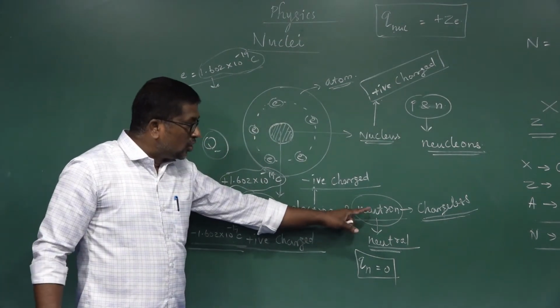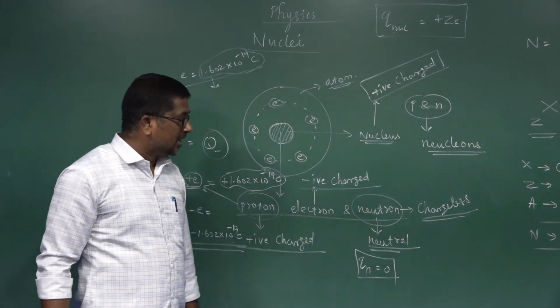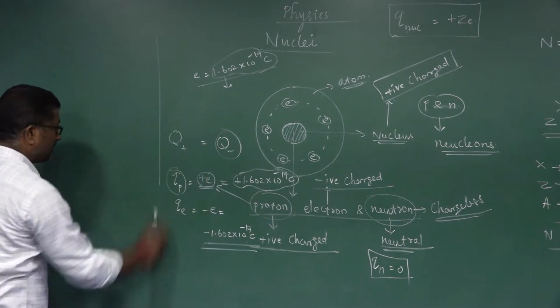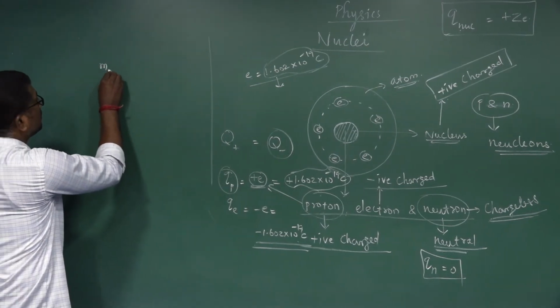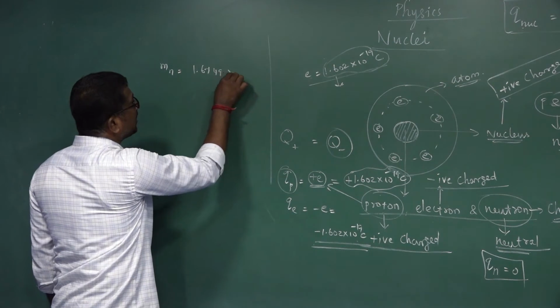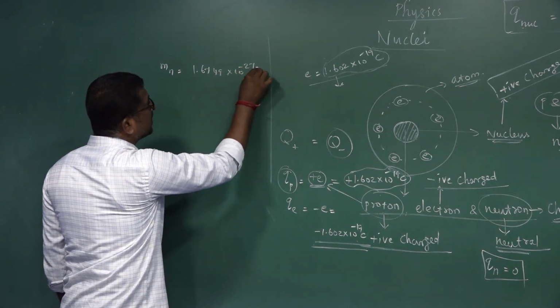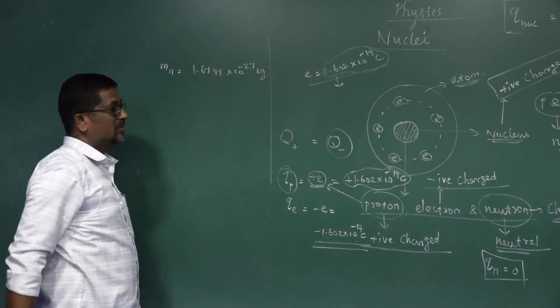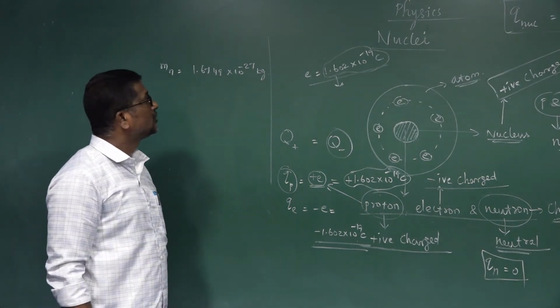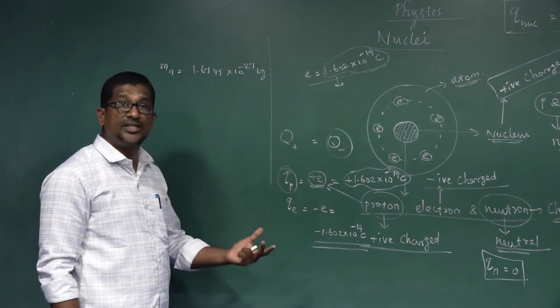Right? Even though the neutron is a neutral particle, it has mass. The mass of a neutron is 1.6749 into 10 power minus 27 kg, but its charge is 0.